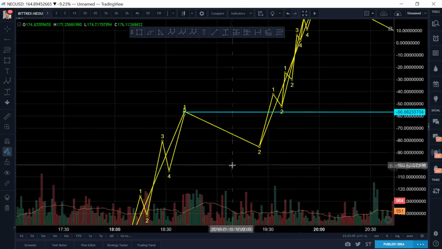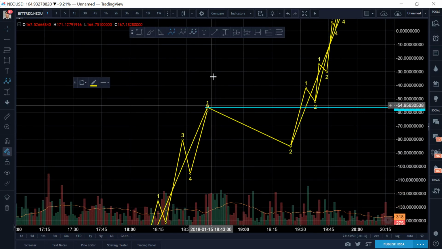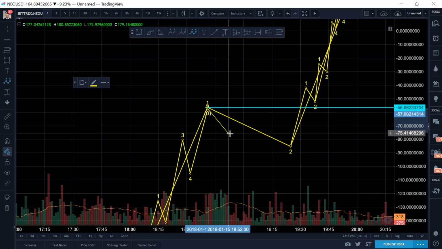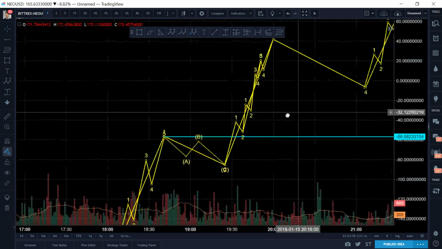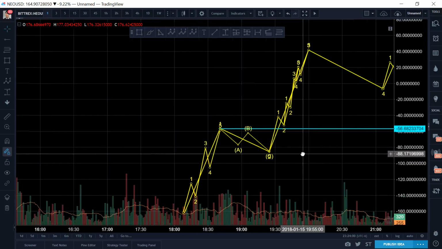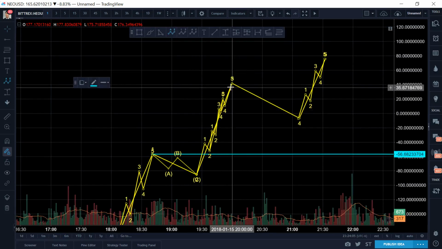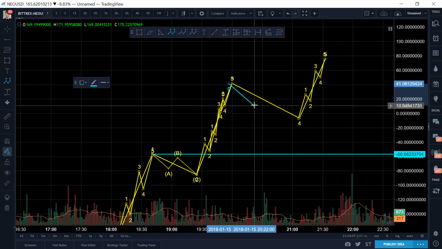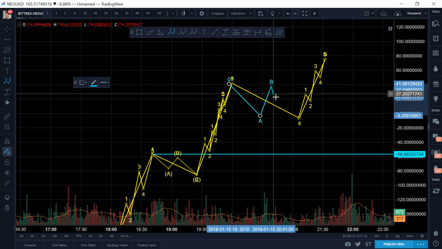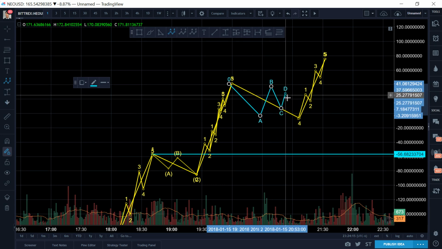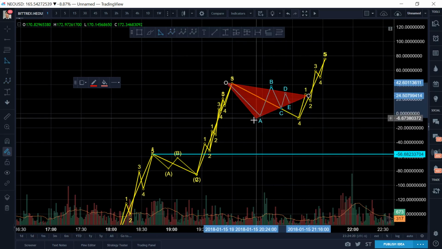Now these waves come in so many different ways, but what they usually do is change the alternation of the correction. What that means is it alternates. For example, if wave 2 does some sort of pattern like an ABC, perhaps this one will do something like an A, B, C, D, and E. What this ends up forming, for example, is a wedge, right?